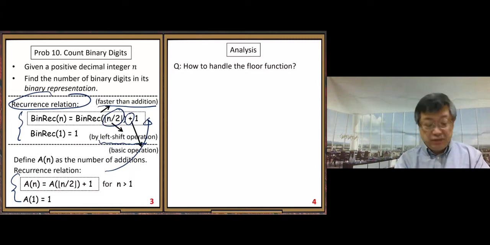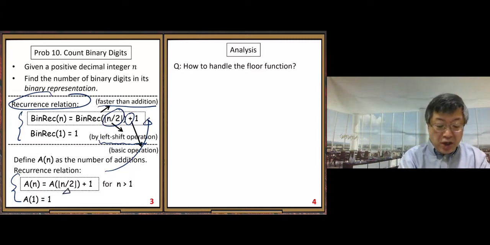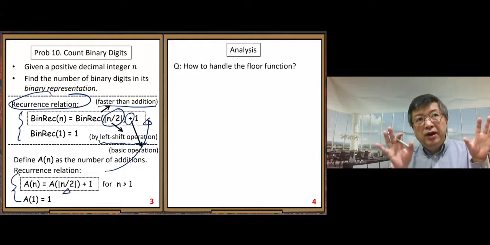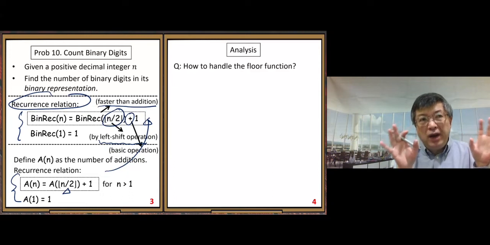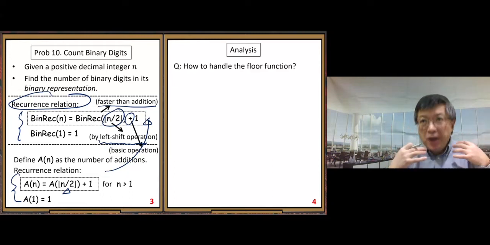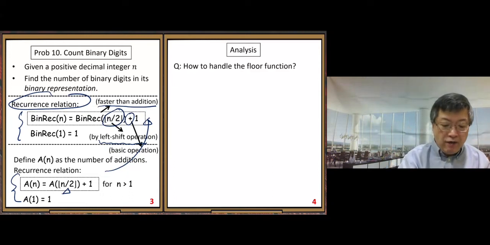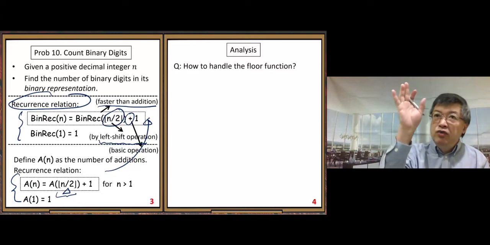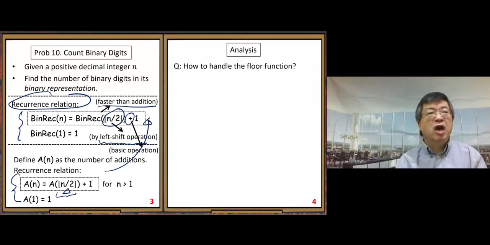Here you can see the sticky part. When we manipulate the formulas, some part is not that friendly to us. The sticky part is the floor function part. Sometimes we need to drop some remainder, sometimes we do not.